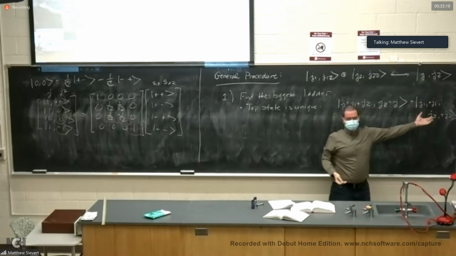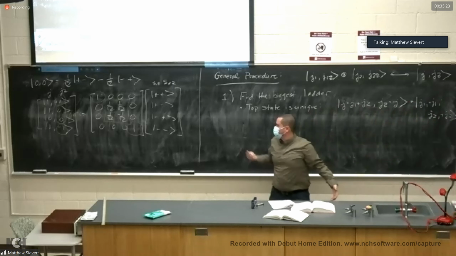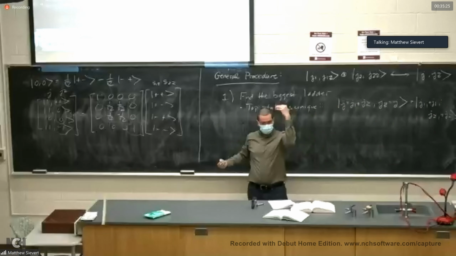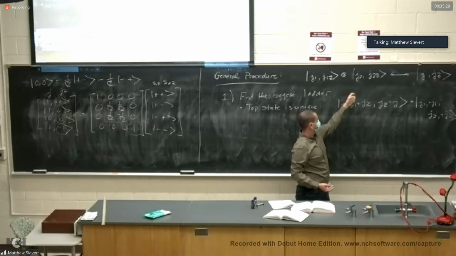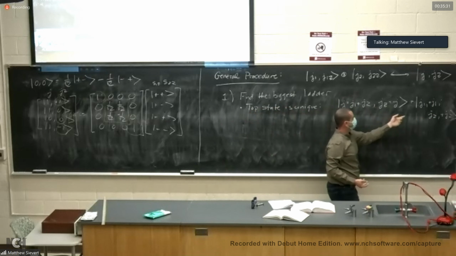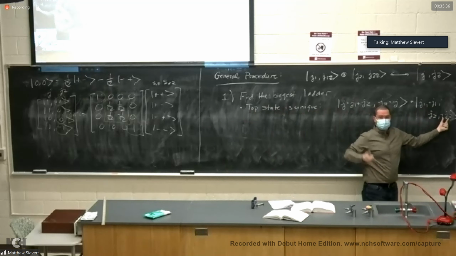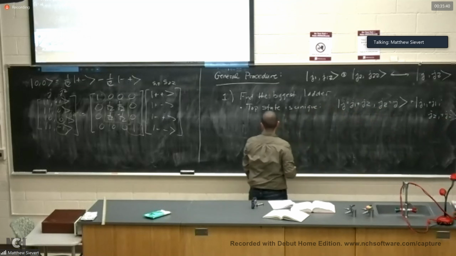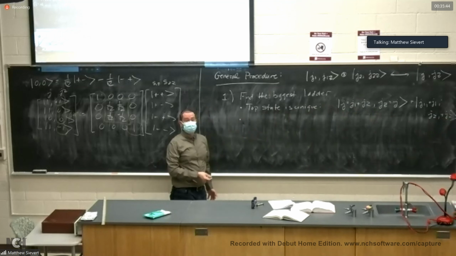The notation gets a little bit weird. But I think you understand conceptually what I was showing you multiple times before, that the maximum state of the ladder, where jz is maximized and total angular momentum is maximized, can only come from the state where j1 is all the way up, j2 is also all the way up. That forms the maximum state of the ladder. Once you have this, you generate the rest of the ladder using the lowering operator.